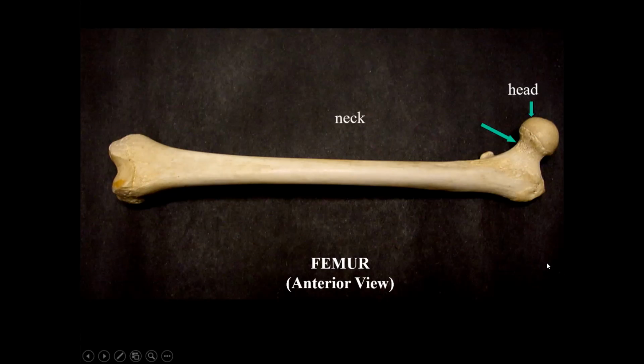There's the head. There's the neck. The neck of the femur is usually where hip fractures occur. When older people fall and break their hip, they're actually fracturing the neck of their femur, because that has become worn, depleted of calcium over time, and fragile.